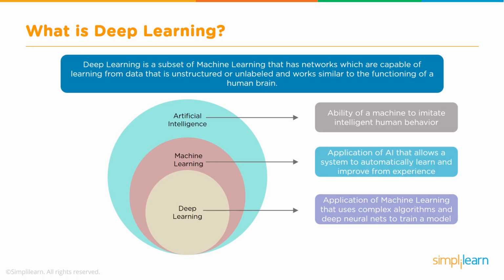And within machine learning, a subset of machine learning is deep learning. Machine learning is a little bit more generic concept, and deep learning is one type of machine learning, if you will. And we will see a little later in the following slides a little bit more in detail how deep learning is different from traditional machine learning.